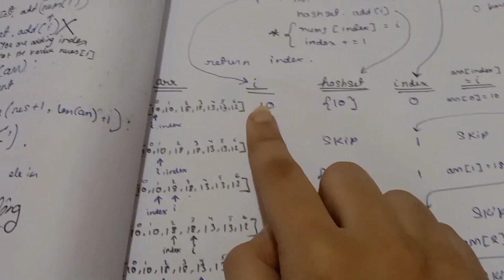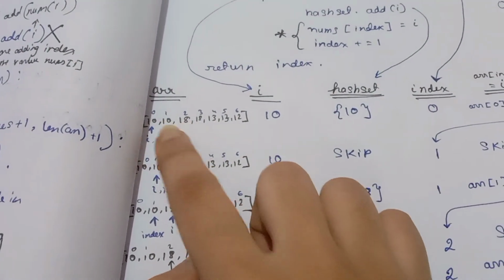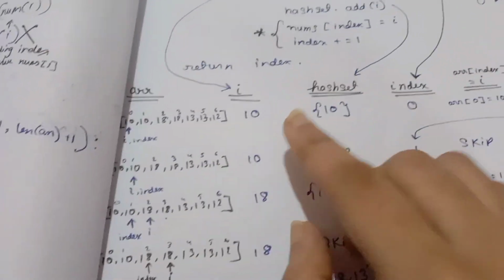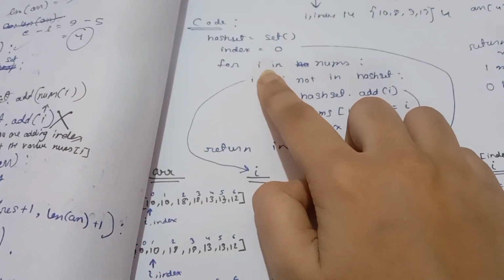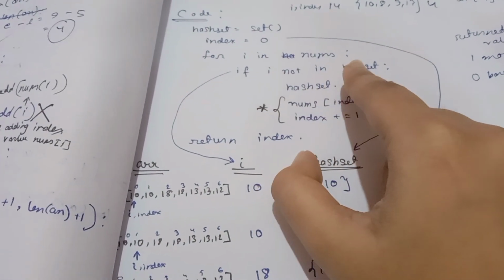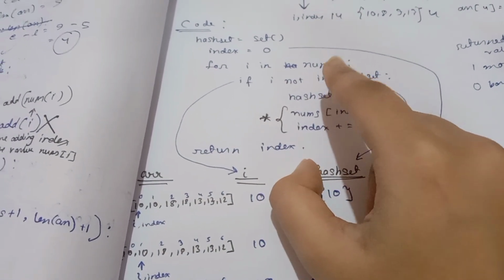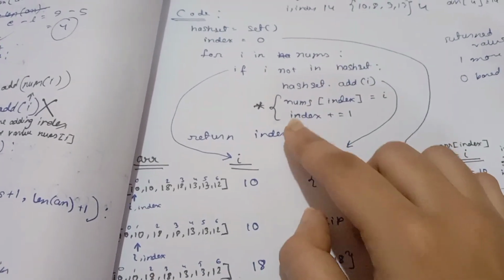Initially we have this array, and each array element has an index over it. Now this line is coming. After we enter the for loop, we are going to check if each element of the nums array is present in the hash set or not.